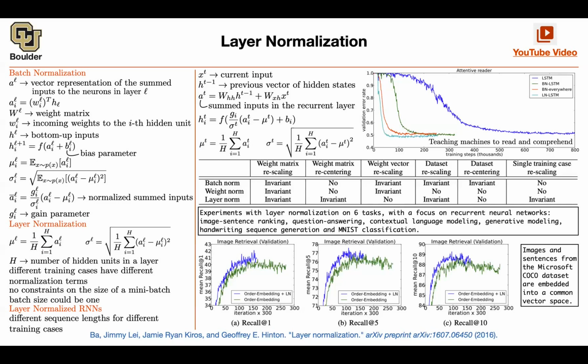So right now, in the vision space, with convolutions in image and video, more and more people are using layer normalization.